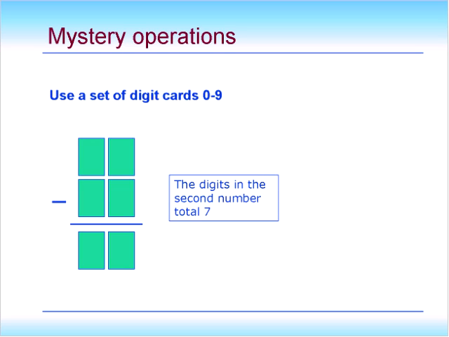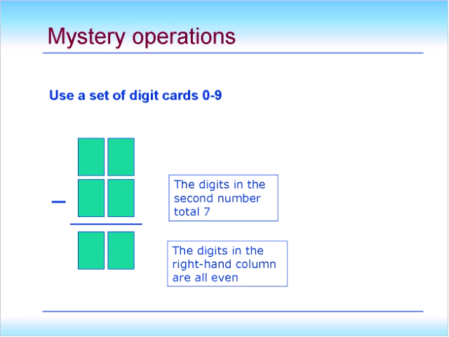Now remember, you're only using digit cards 0 to 9, so it limits it a little. It could be 1 and 6. It could be 3 and 4. It could be 5 and 2. So we're limiting it down a bit. What other answers could they make from those? Can you fit the others in?